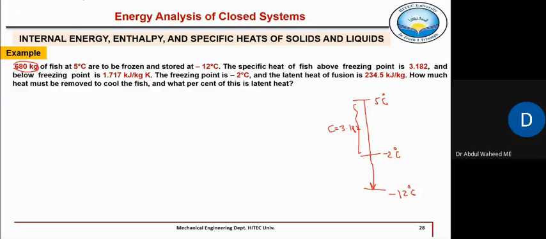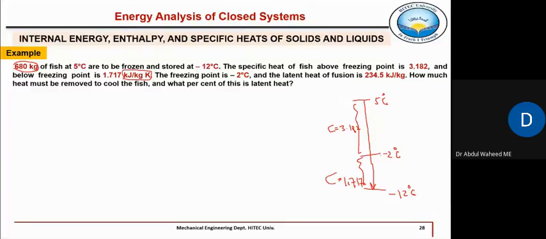And below freezing, for this range, C or Cp or Cv is 1.717. Units for both C's are kilojoules per kilogram per Kelvin.